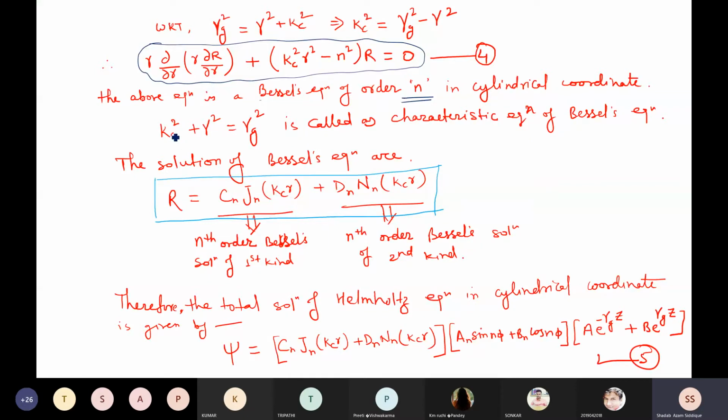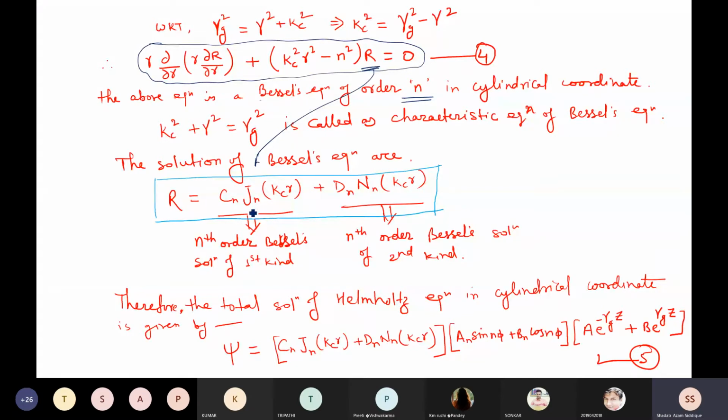This kc square plus gamma square can be called gamma g square, which is called the characteristic equation of the Bessel function. If you find the solution of this Bessel equation, directly, this is a standard Bessel equation of order n, and you will be able to find the solution of R, which comes out to be R is equal to Cn Jn(kc r) plus Dn Nn(kc r).